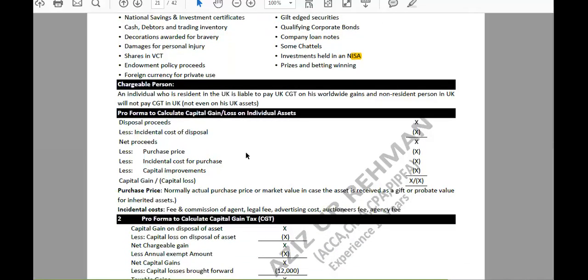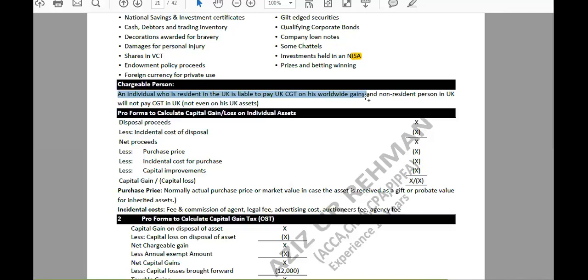The next term which we are going to cover is chargeable person. We have discussed this term already, but over here, if an individual is resident in the UK, he is liable to pay UK CGT on his worldwide gains. So if an individual is UK resident, he has to pay tax on all of the assets, either in the UK or overseas.